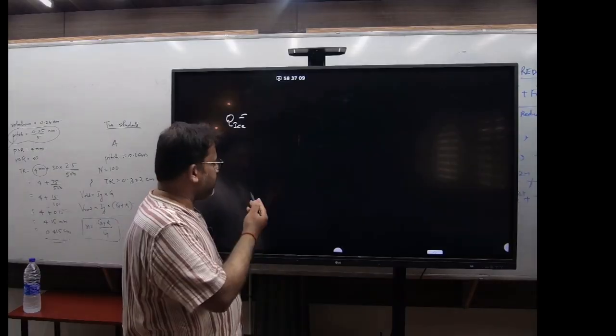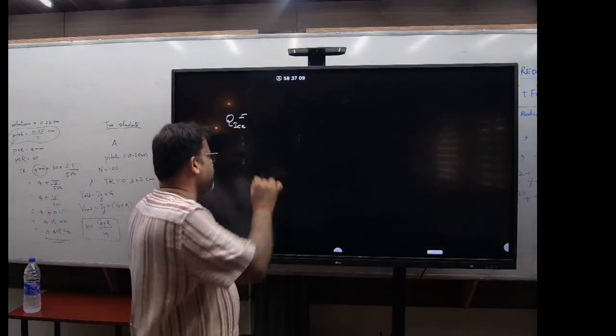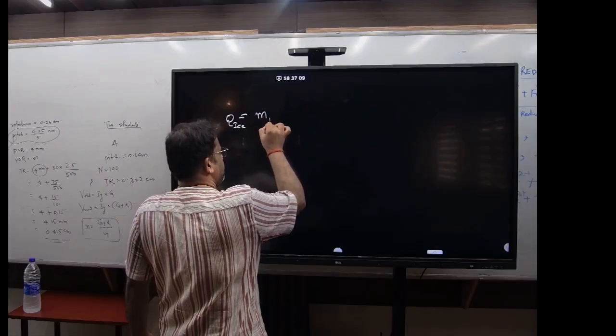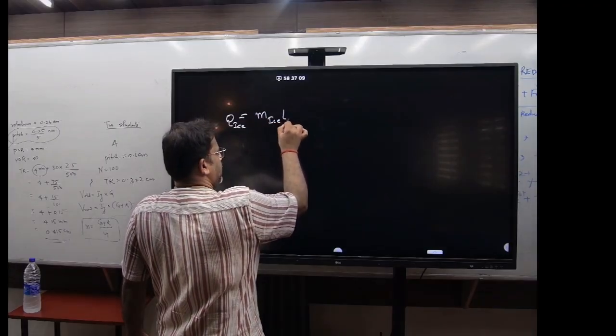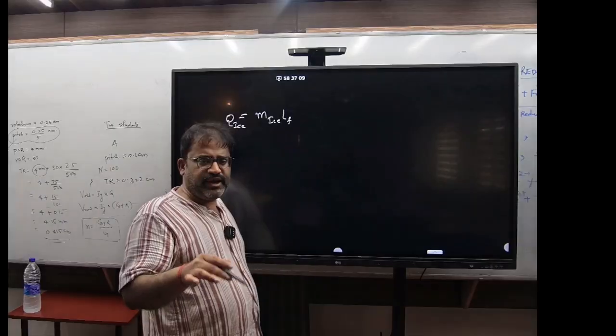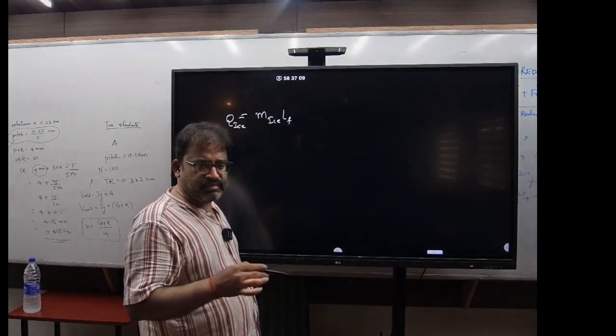That heat is called latent heat. Now here we can say Q of ice is equal to mass of ice into LF, and this LF is called the latent heat of fusion. What is LF called, Buddha?